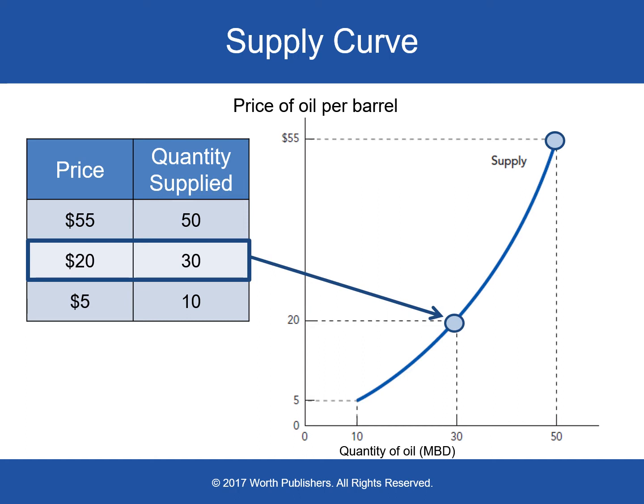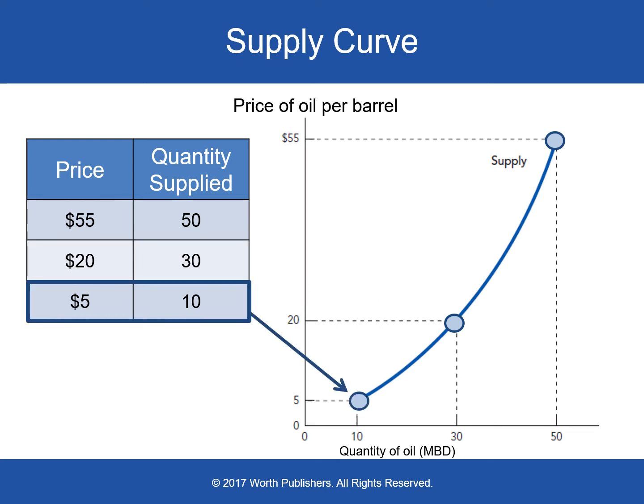So as the price of oil moves from being high to low, more and more producers will exit the market. If the price of oil is only $5 a barrel, only the very lowest cost producers can afford to stay in business and make a profit.